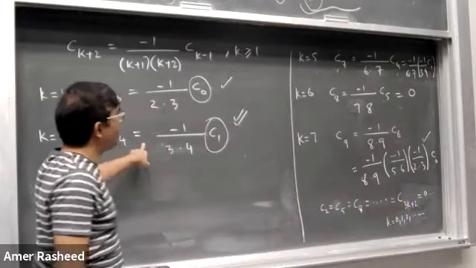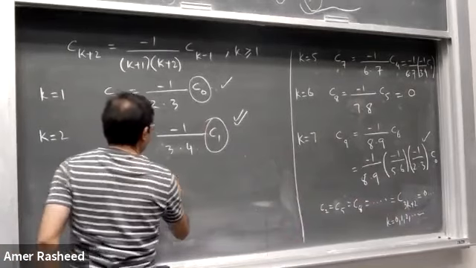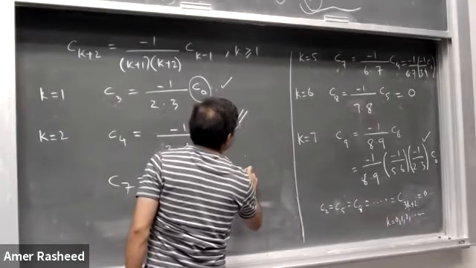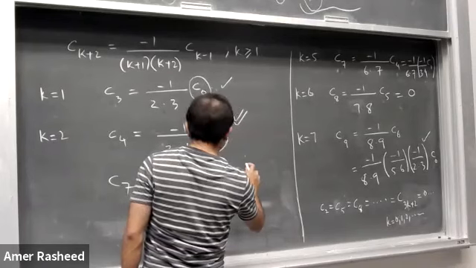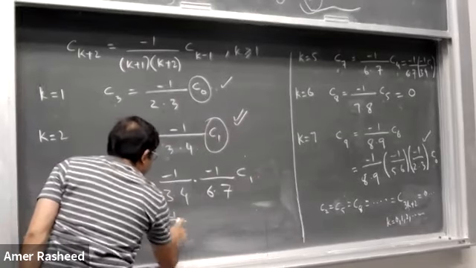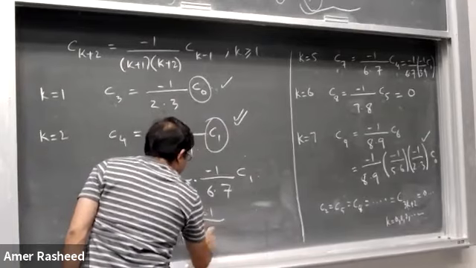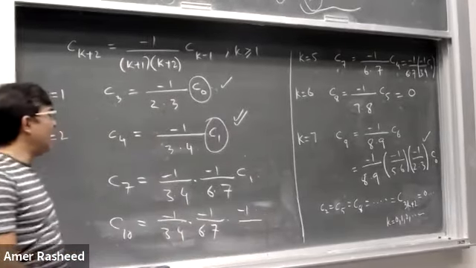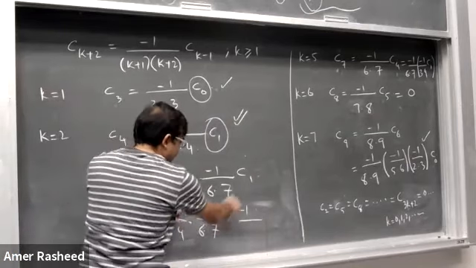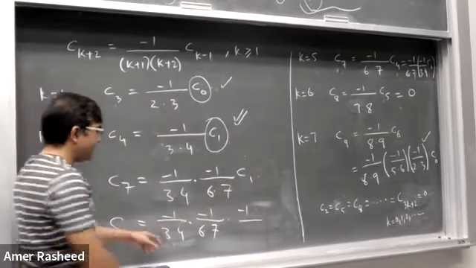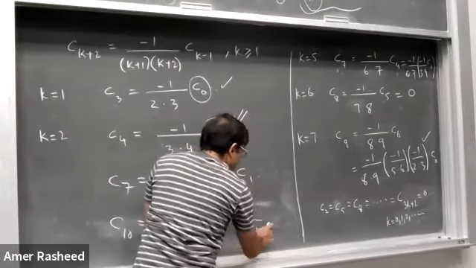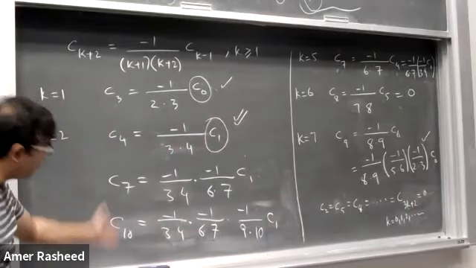देखिए, C4 is this, C7 is what? -1 by 3 times 4 into -1 by 6 times 7 times C1 आ गया. और C7 ही है तो C10 क्या होगा? -1/3 times 4 into -1/6 times 7 into -1/. देखिए 7 है तो यहाँ पे 3 और 4, 3 में 3 ऐड हो रहा है और 4 में 3 ऐड हो रहा है. ठीक है, तो यहाँ पे क्या आना चाहिए? 6 में 3 ऐड होना चाहिए, 9 into 7 में 3 ऐड होना चाहिए, 10. यहाँ पे भी C1 आना चाहिए एंड सो ऑन.